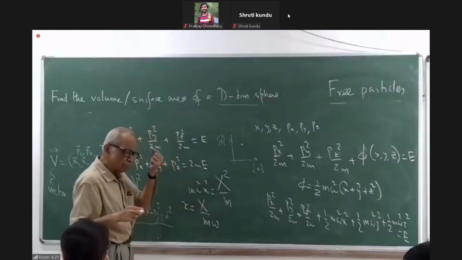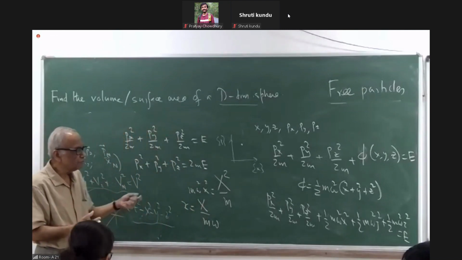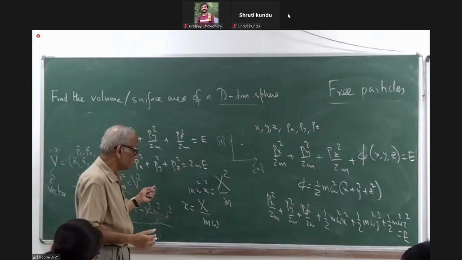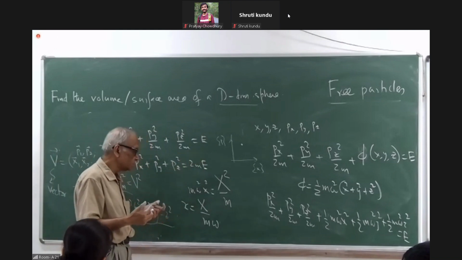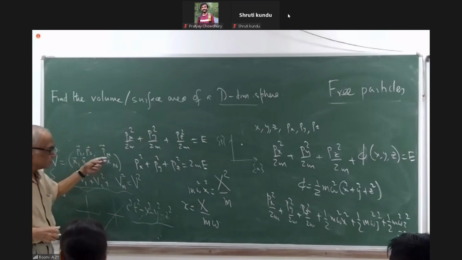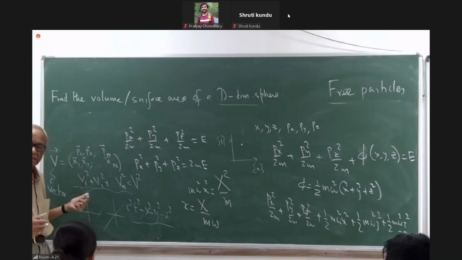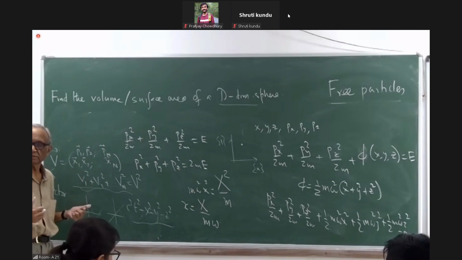But how many pieces of information do you need for that point? If it is a three-dimensional space and an n-particle system, it requires 6n specifications.